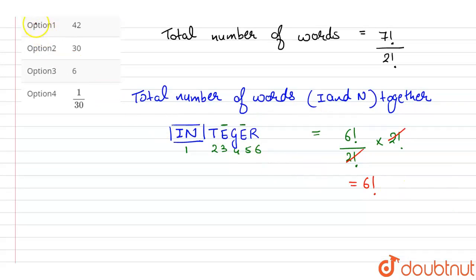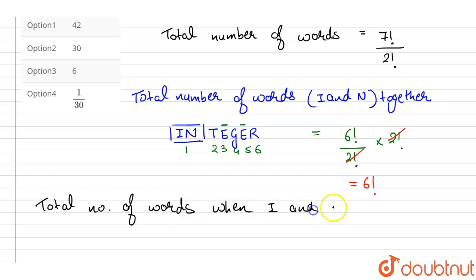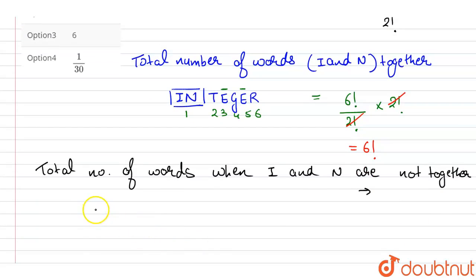Now we have to find out the words when I and N are not together, and that value is equal to m1, as given in the question. So m1 will be equal to the total number of words which can be formed using INTEGER minus the words where they are together.